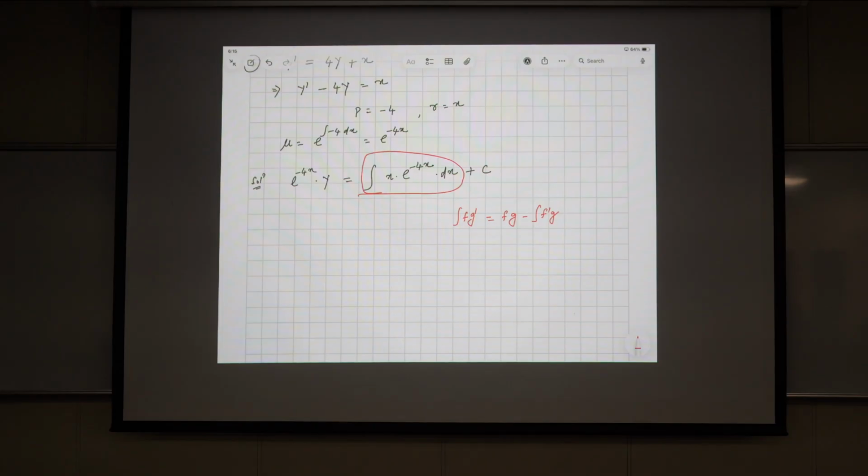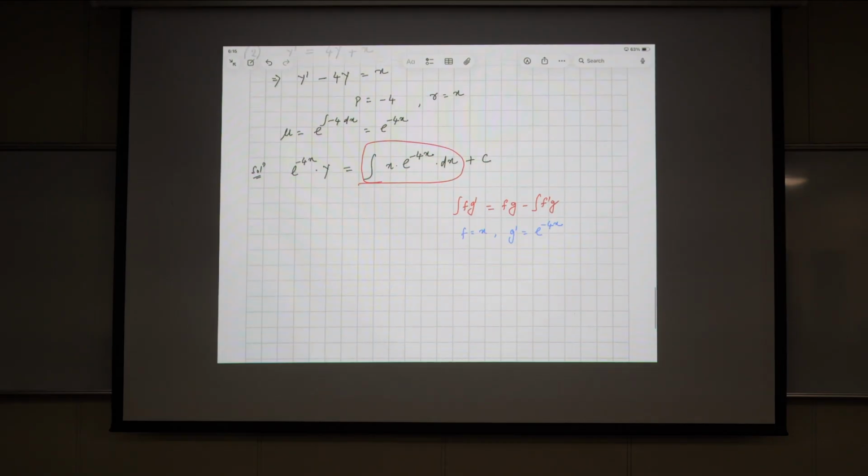That means here you can put, which one is your f? Your f is x and g' is e^(-4x). If g' is e^(-4x), then your g will be how much? e^(-4x) divided by minus 4.